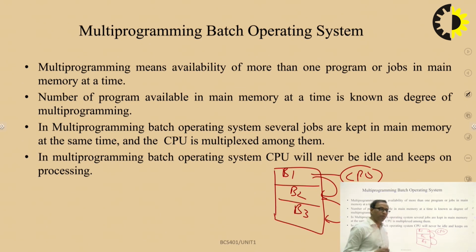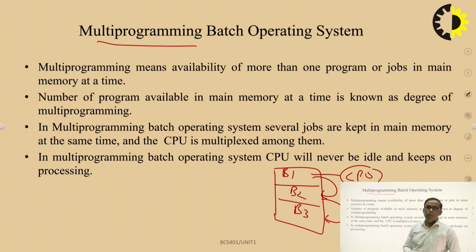It means after completing the execution of all the jobs in a particular batch, the CPU doesn't need to wait for the next batch to become available in main memory. This is the advantage of the multi-programmed batch operating system. What is the term multi-programming? Multi-programming simply means the availability of more than one program in memory, or sometimes we say the execution of more than one program at the same time.